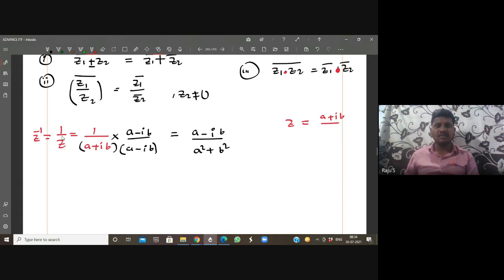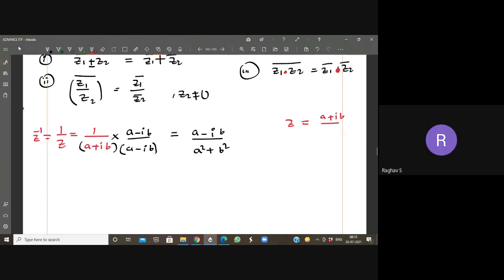In the same way, z inverse is the inverse of a complex number. How can you change the inverse of a complex number into standard form? z inverse means 1 by z, 1 by a plus iota times b. I rationalize, and we get this. Student: Sir, if 1 by z equals 1 by a plus iota b, then z equals a plus iota b?